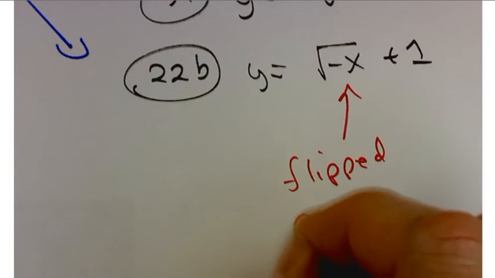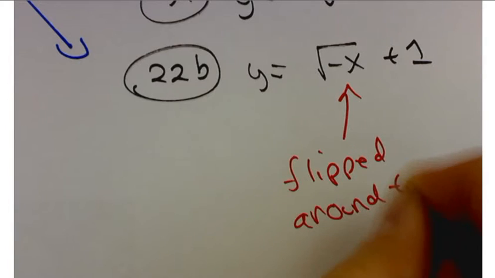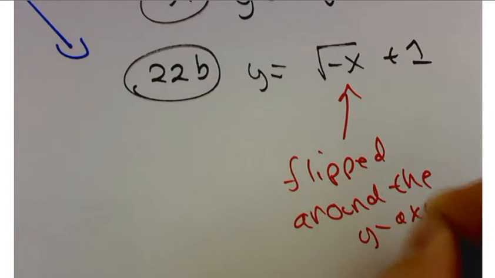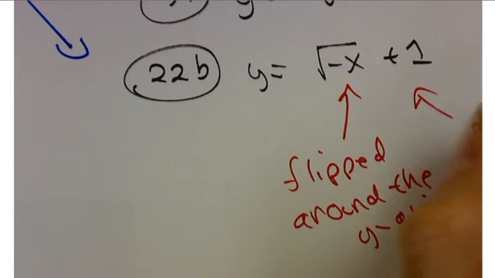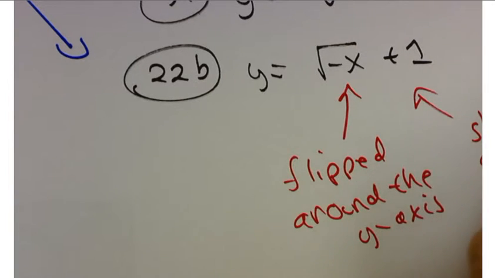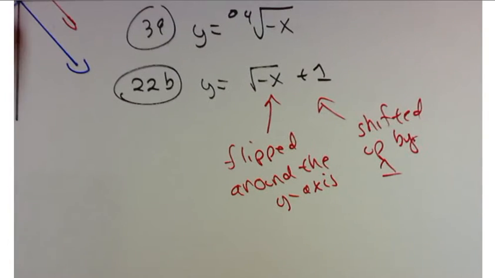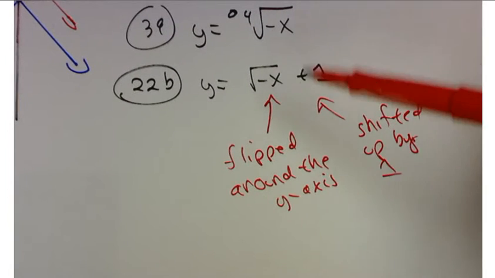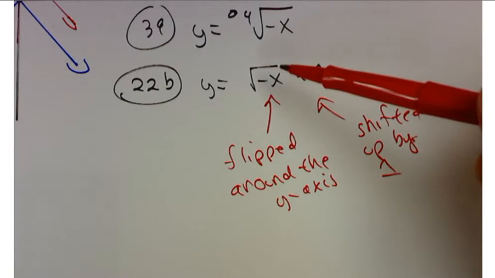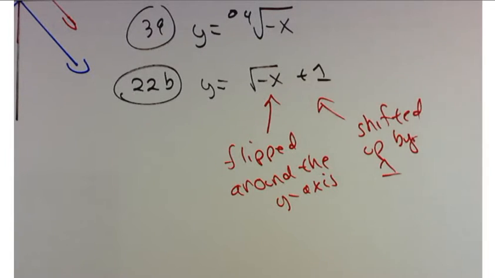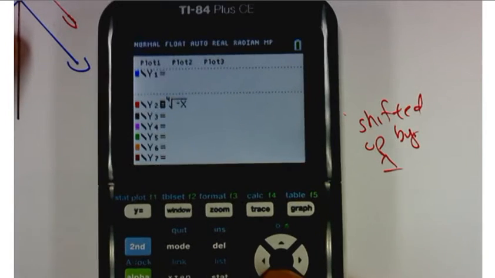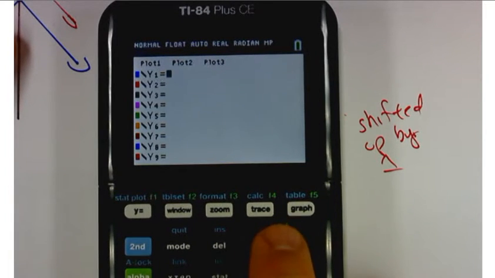So let's take a look at two graphs. Let's take a look at the graph of the square root function and then this one. So let me enter both of those. Go back to your y equals key. Let's enter the square root function, square root of x, and then the square root of negative x plus 1.